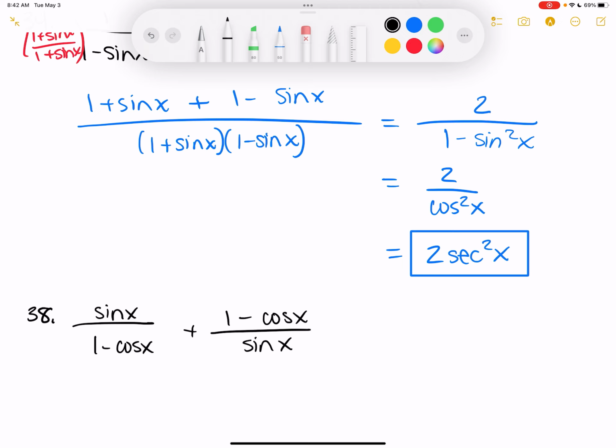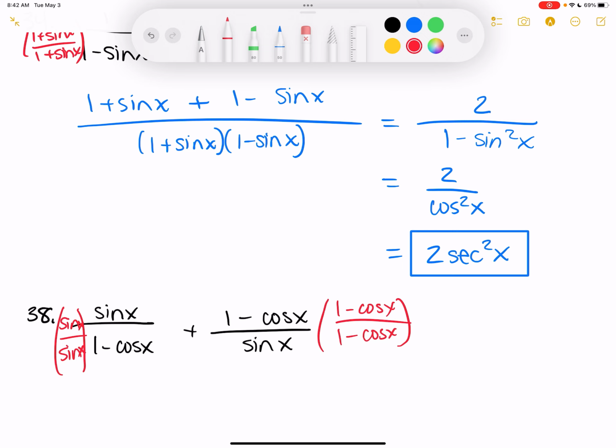Like what I need to do, denominators, so you multiply the bottom one by 1 plus cosine of x. The other one is multiplied by sine of x, and then the other one is 1 minus cosine of x.